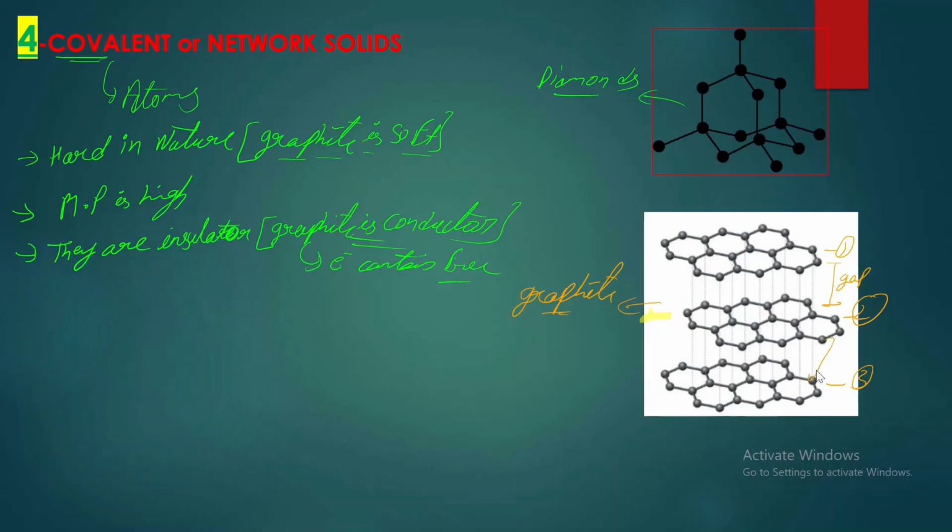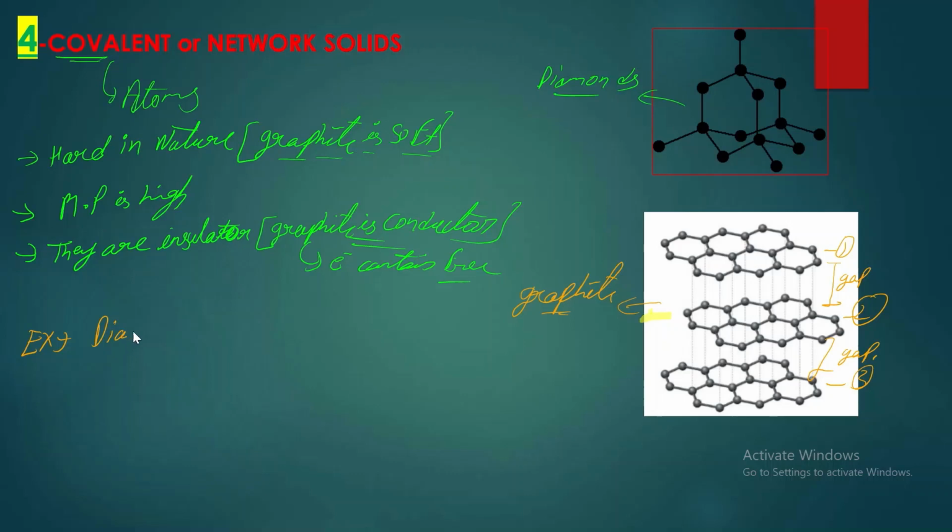Due to this gap, the layers of graphite can slide over each other. This makes graphite a soft solid and a good solid lubricant, a lubricant kind of like oil.